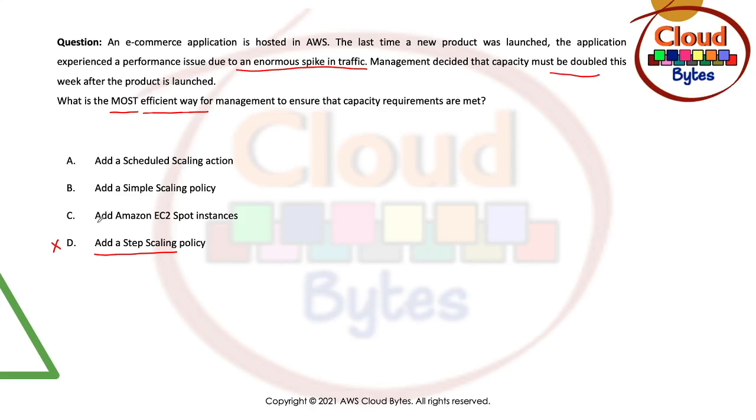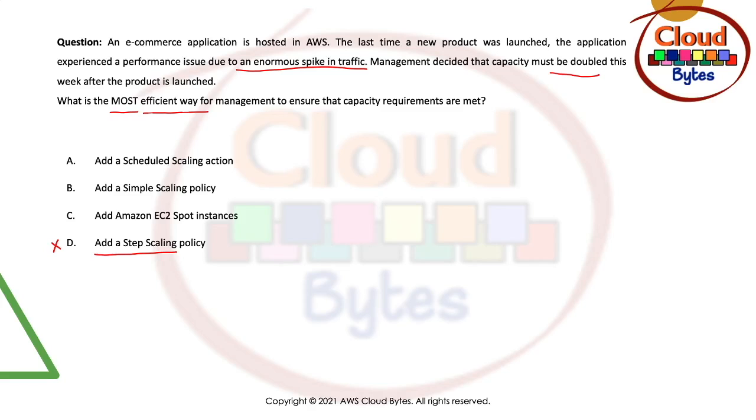The next option over here is add EC2 spot instances. Now, EC2 spot instances may or may not be available when you are looking for them. Spot instances will definitely reduce the cost, but that is not what we are looking for. We are looking for the most efficient way to launch the new product without having any kind of issue in the new launch, based on the previous experience.